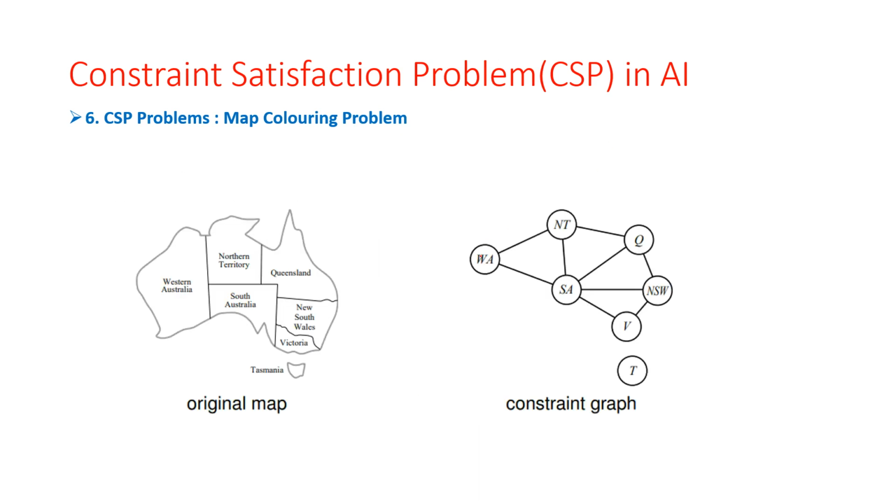If I am considering one graph over here, Madhya Pradesh is one state, connected to UP, Uttar Pradesh.